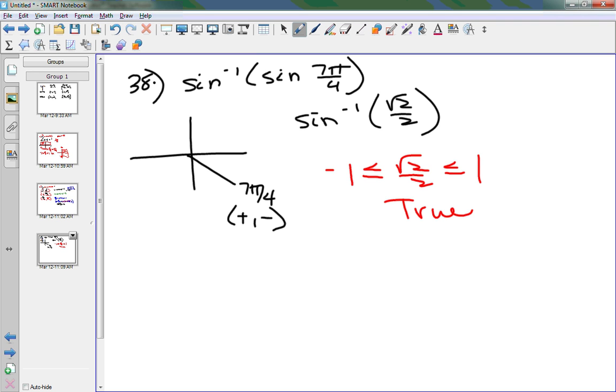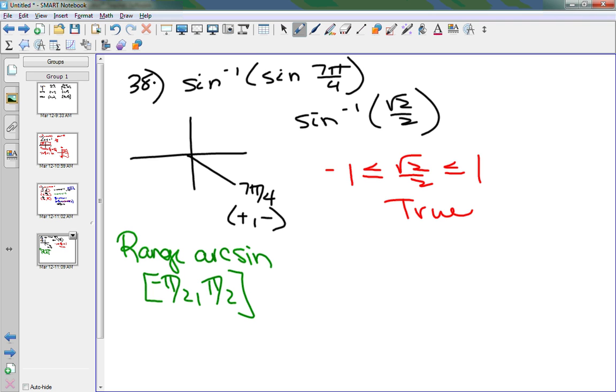Now the next thing is I want you to ask the question, what is my range of the arc sine? What is the range of the arc sine? I need to be in between negative pi over 2 to pi over 2, which means I need to be in where?